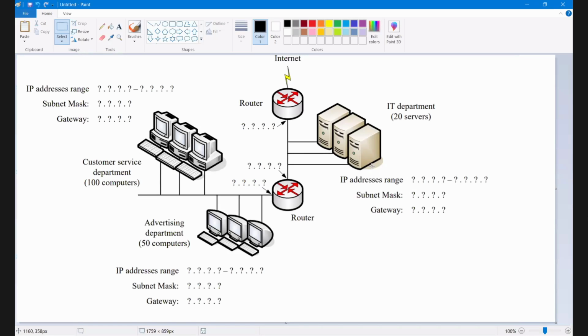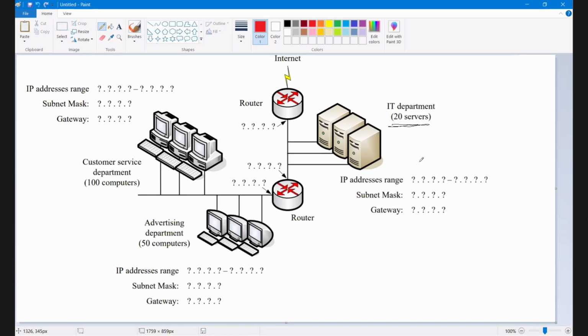For example, because we have here only 20 servers, and task 11 is not related to subnetting, we can give the default networks here.